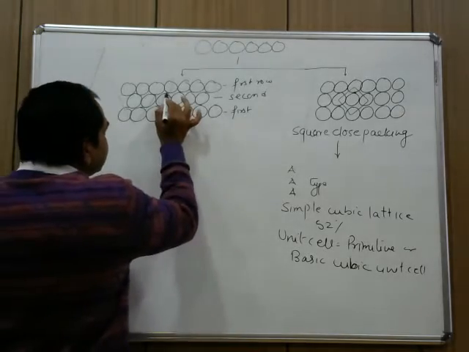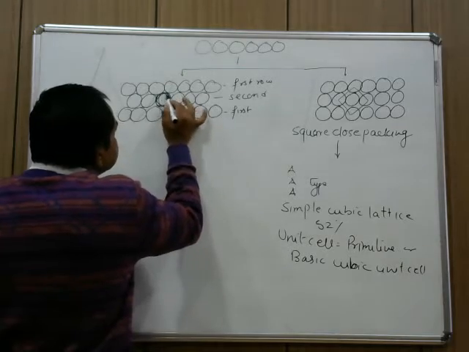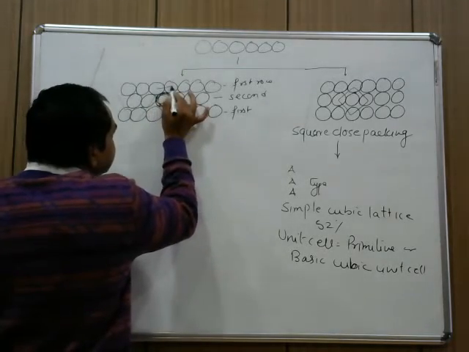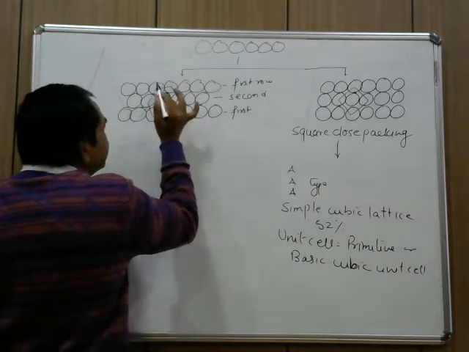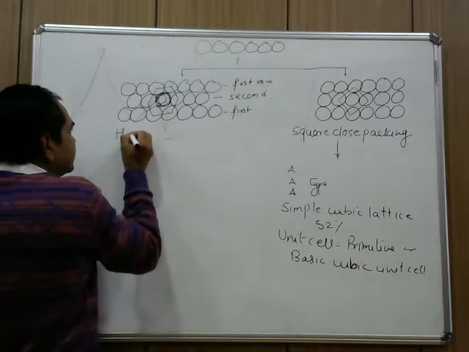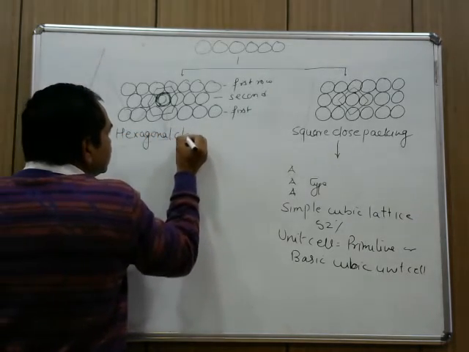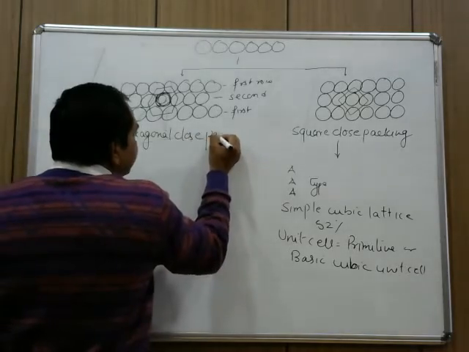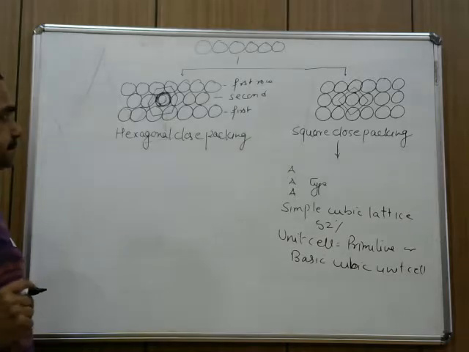So here each sphere touches 6 different spheres, and when their centers are joined with each other, a hexagon is formed, or a hexagonal close packing is formed.